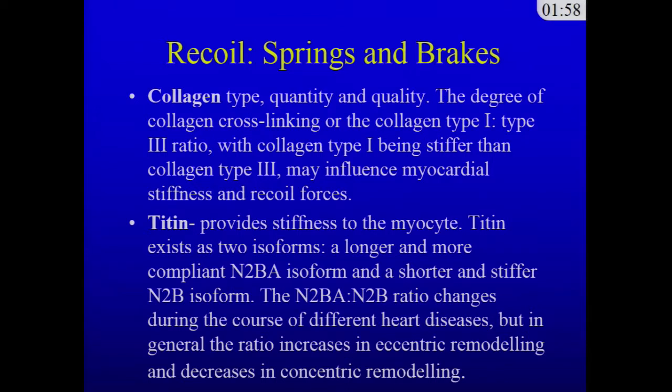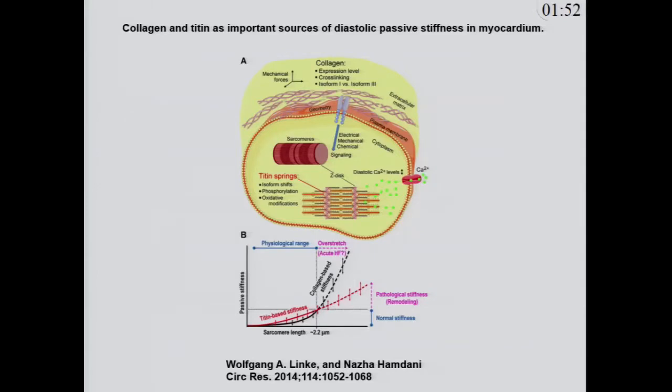And the other one is titin, which is in the myocyte, which provides stiffness to the myocyte. So here's the collagen on the outside of the myocyte, and inside are the titin springs, which tend to control the myocyte relaxation.